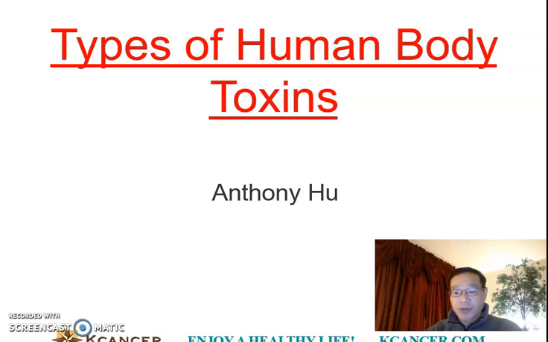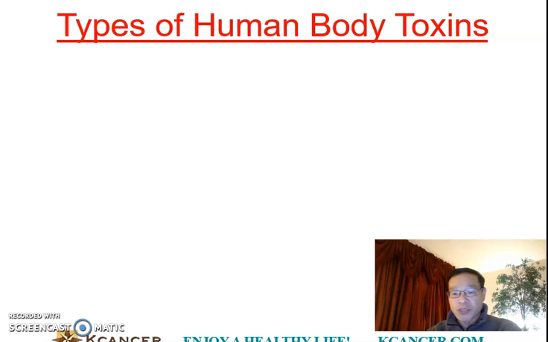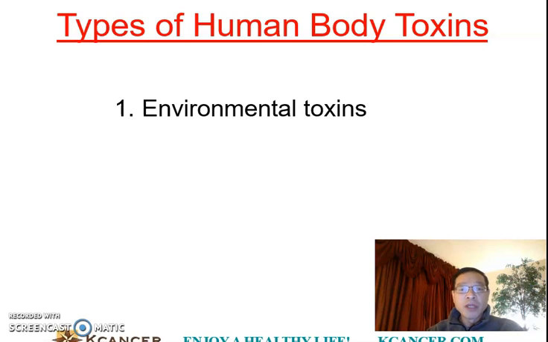As I mentioned in my previous video, there are 4 different kinds of toxins. The environmental toxin is the obvious toxin we see: all the chemicals and, for example, smoking, and it includes microorganisms such as bacteria, viruses, and fungi.